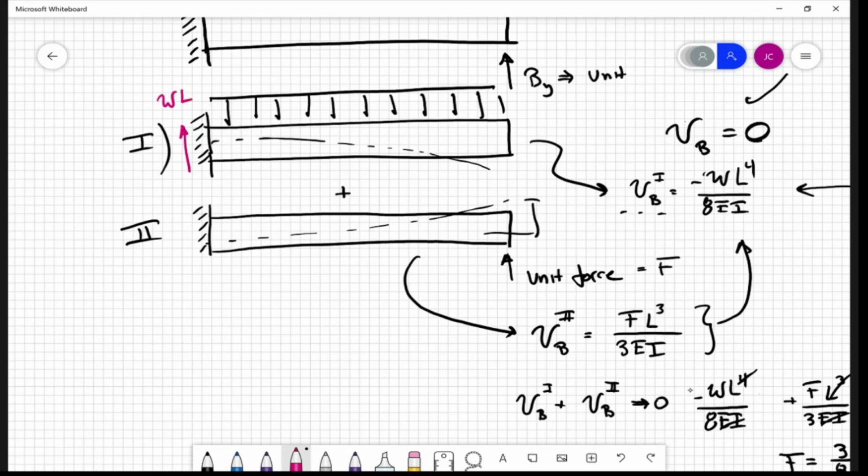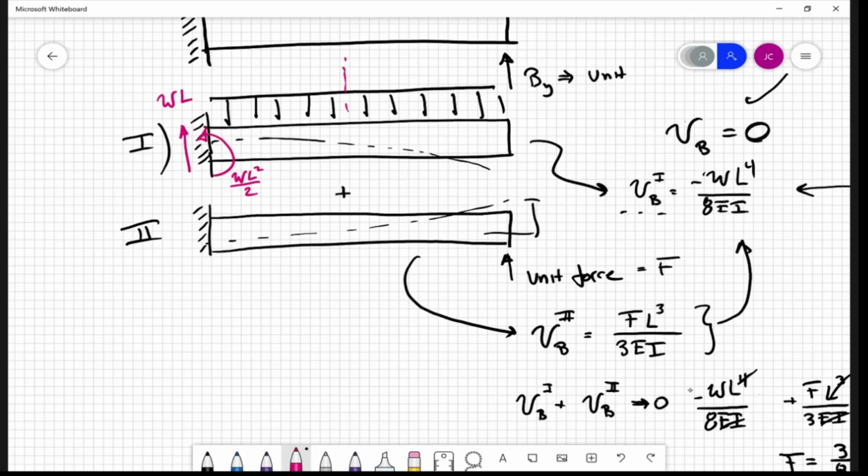And the moment, this way, is going to be WL squared on 2, because this is like a point force acting down at the middle, L on 2, of W times L. So that would be the moment in that case.